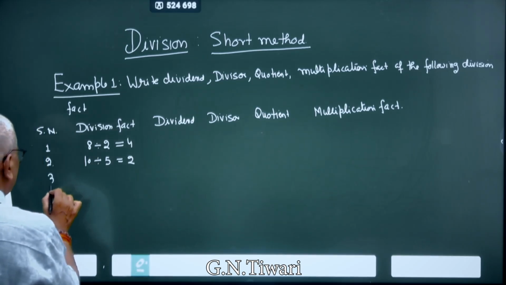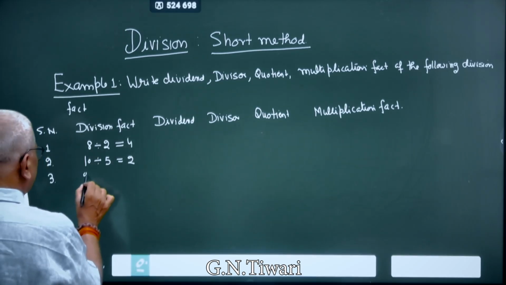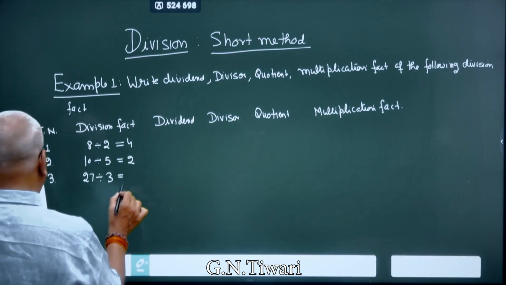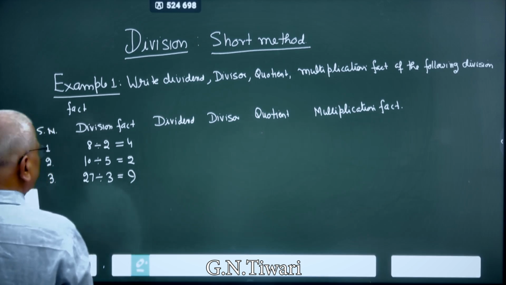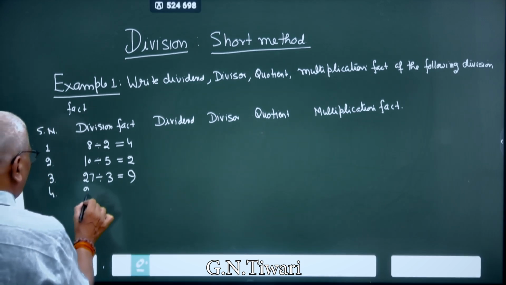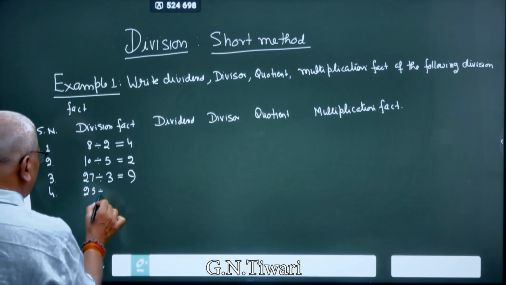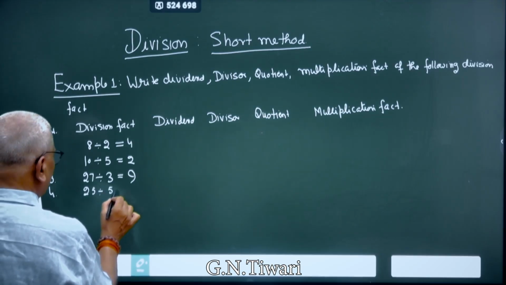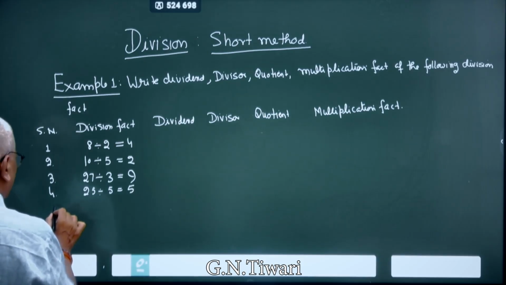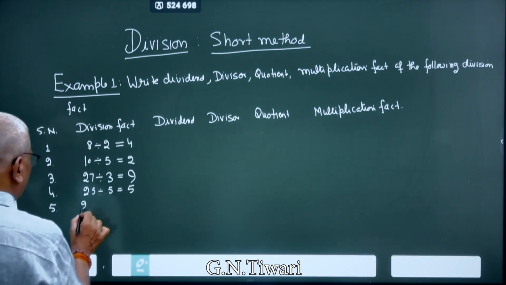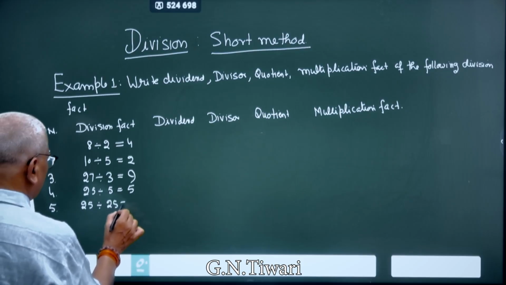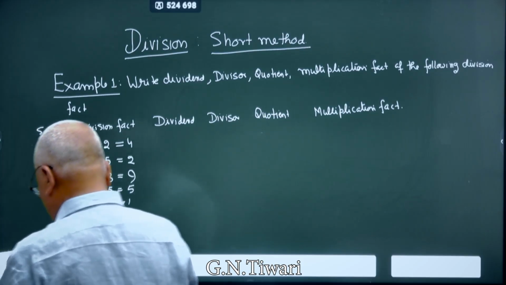Third, 27 by 3 is equal to 9. Then fourth, 25 divided by 5 is equal to 5. And fifth, 25 divided by 25 is equal to 1. That is one thing.